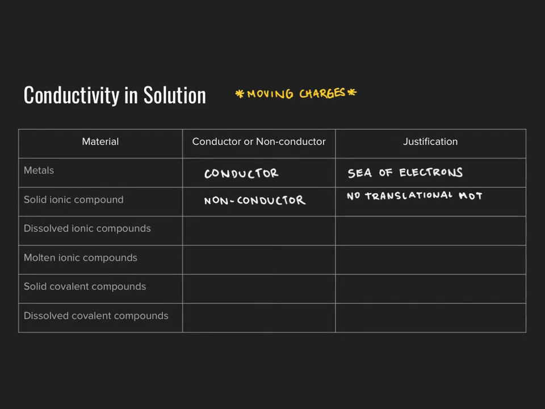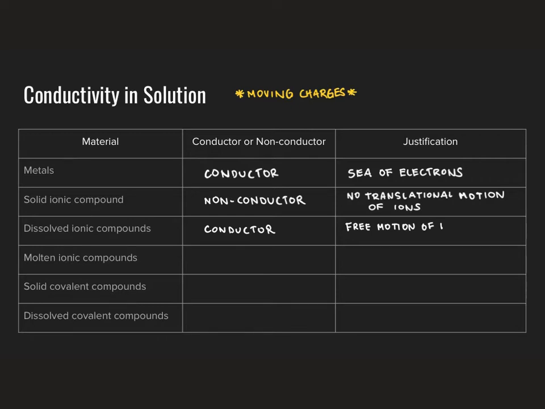Now, in contrast, a dissolved ionic compound is very much a conductor. If you think about dissolving table salt into water, dissolving table salt into water produces a solution which is a fantastic conductor of electrical current. And again, we know there are charges, that is the oppositely charged sodium ions and chloride ions. Within the aqueous phase, those ions have dissociated from one another as those water molecules, through the process of hydration, surround the solute particles.